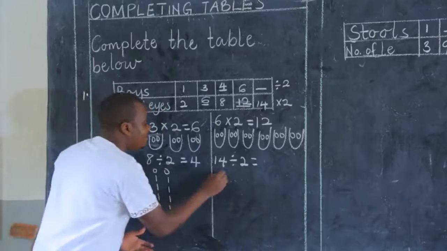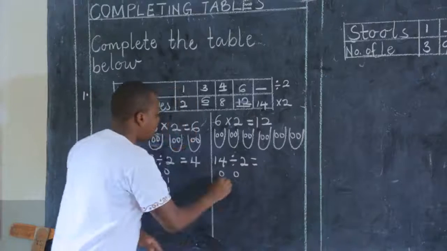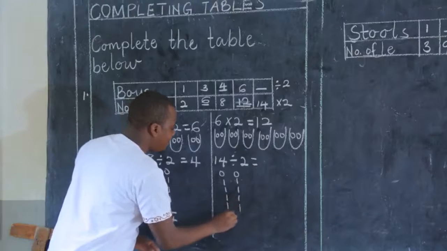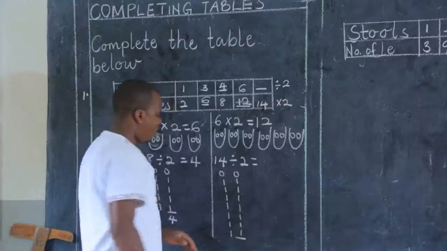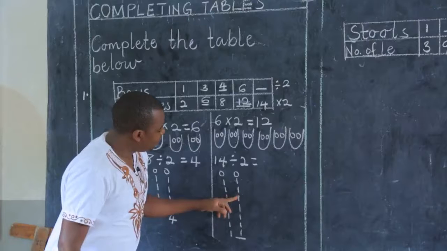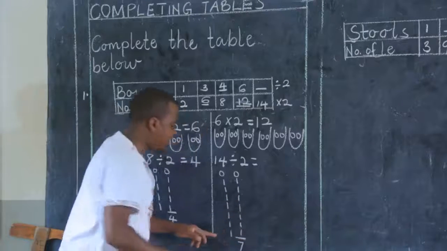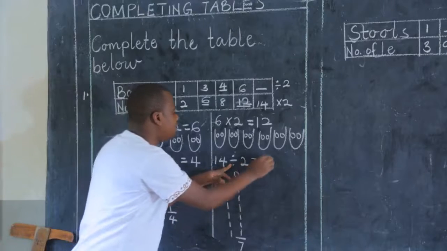Or we can come and say 1, 2, then we distribute 14. 1, 2, 3, 4, 5, 6, 7, 8, 9, 10, 11, 12, 13, 14. So how many has each got? Can we count together? 1, 2, 3, 4, 5, 6, 7. Each one has got 7, meaning 14 divided by 2 is 7.